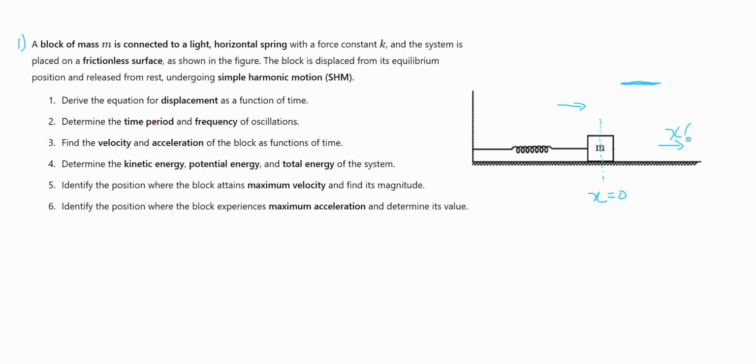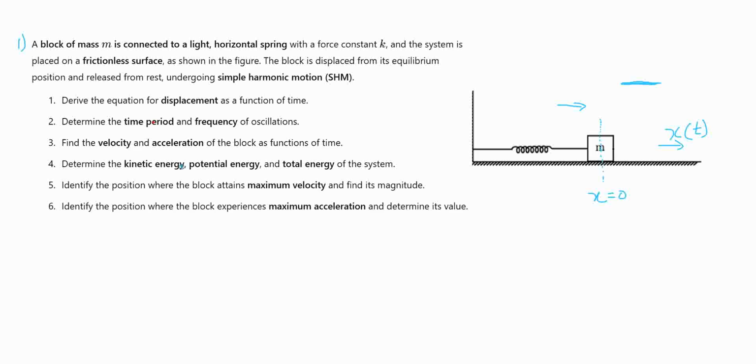And this x is a function of time, and we know that from Hooke's law, when it is stretched. Here it is given that the block is displaced from equilibrium position and released from rest.